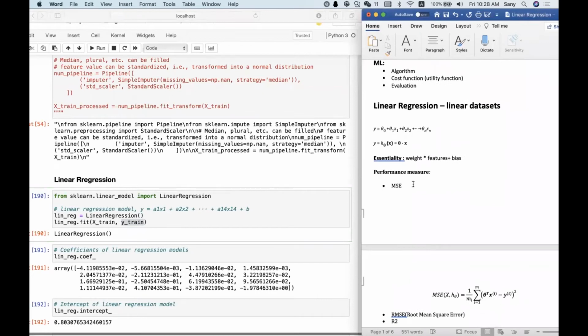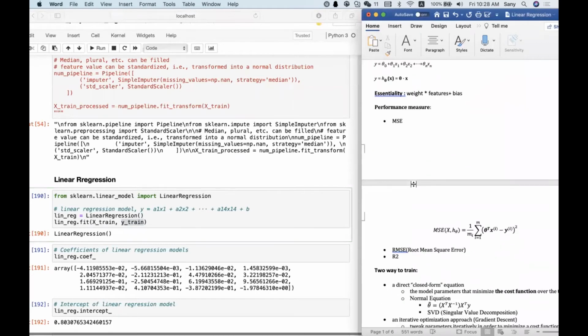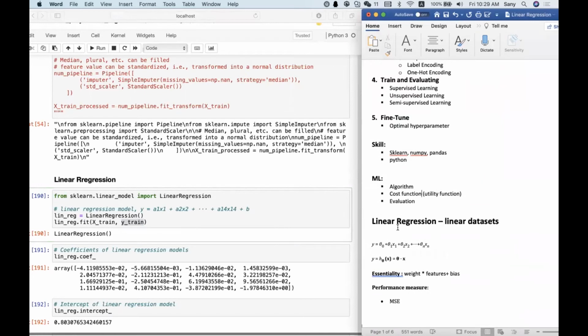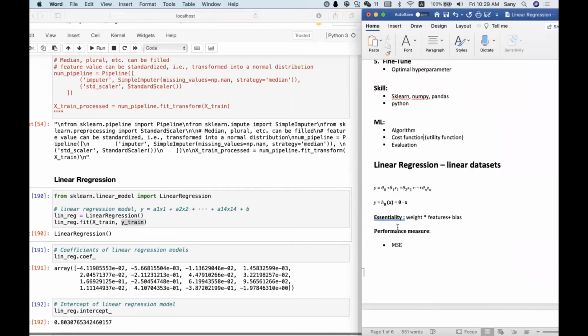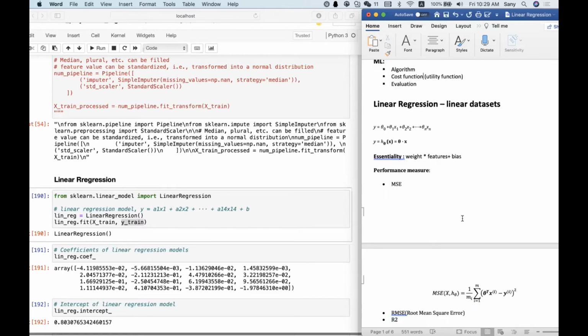Because our machine learning algorithms have some methods to find the real weight and real bias through the data set. How can they do that? They use some math methods.